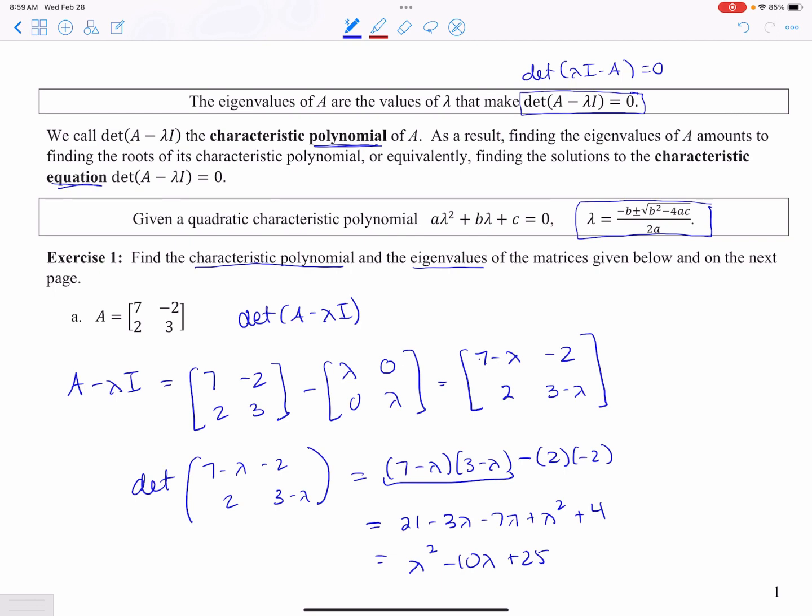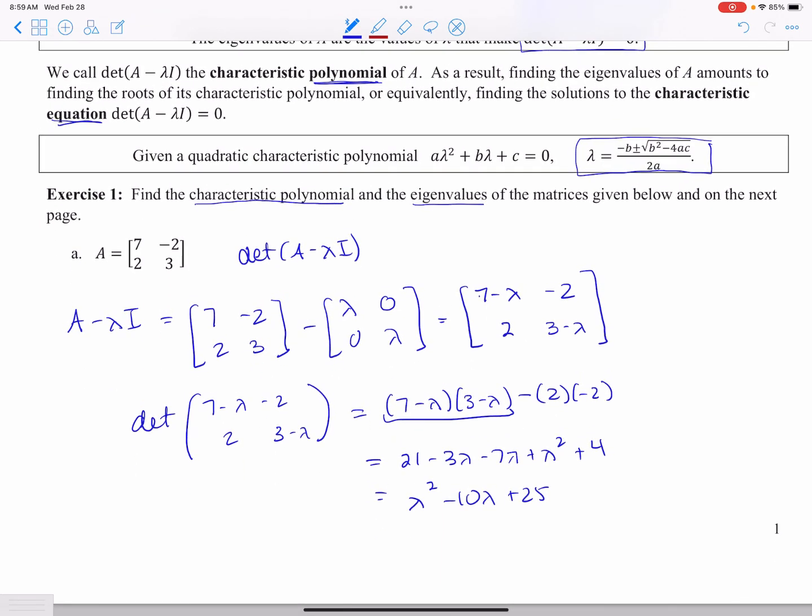To find the eigenvalues that correspond to that, I'm going to solve this characteristic equation. Factoring, I get (lambda minus 5) times (lambda minus 5). So I get that lambda equals 5. I'm just going to say now that because 5 is a double root, it has multiplicity 2.